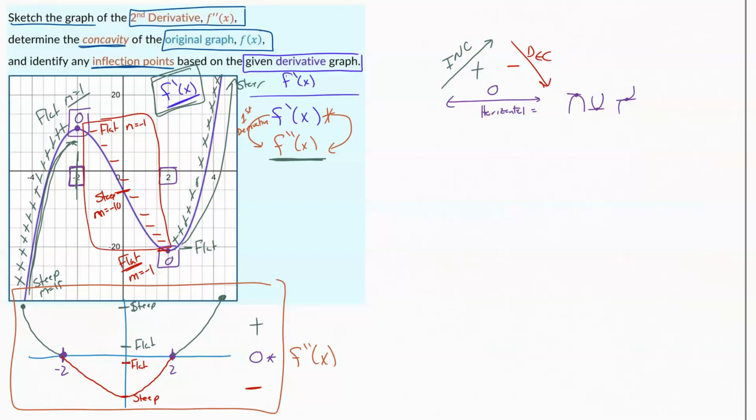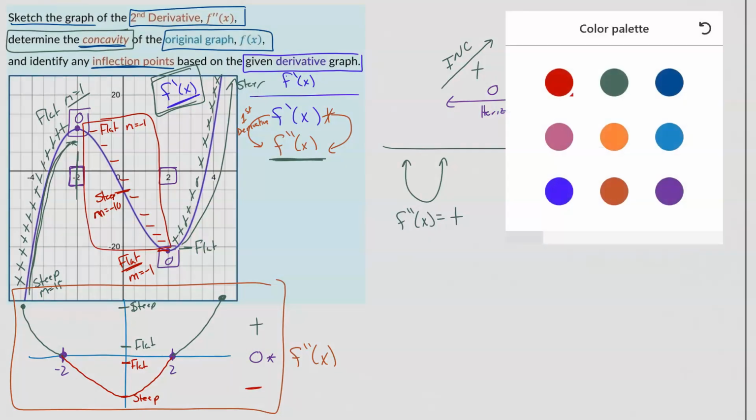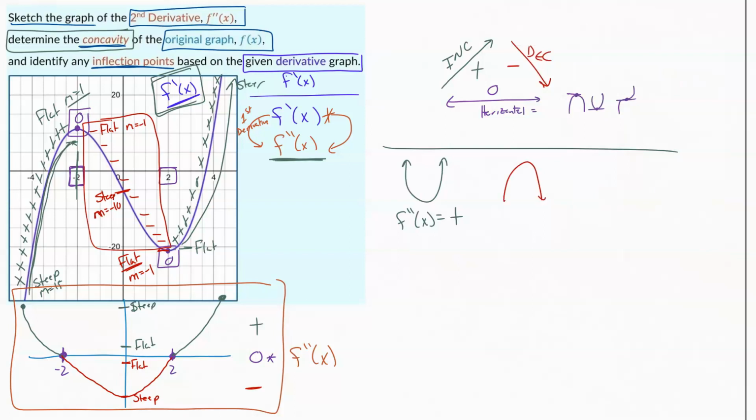And so now you can come back and answer more of their questions. They want us to determine the concavity of the graph. Well, things are either concave up like a cup, and that is where our second derivative is positive. Things can be concave down like a frown, and that is when our second derivative is negative.